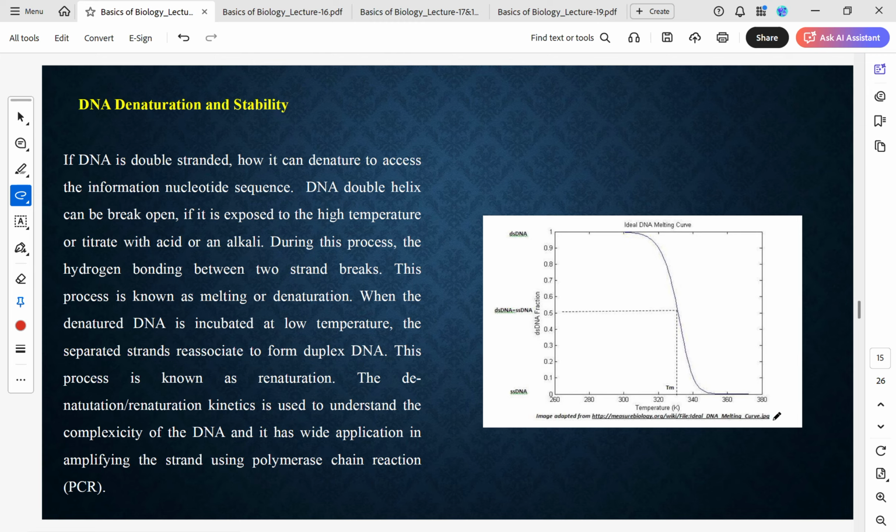When you are doing this denaturation, you get something known as a DNA melting curve, wherein with an increase in the temperature, the double stranded to single stranded fraction changes.